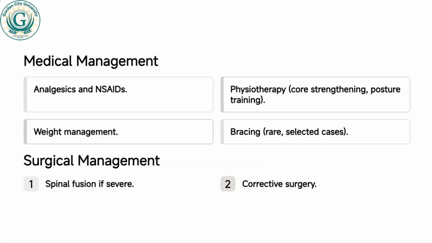We can also do physiotherapy just to strengthen or teach the person how to position, because remember, poor posture is one of the causes of lordosis. And then we can also use braces as well. And then surgical management, we can do spinal fusion if it is severe. And then we can also do corrective surgery just to correct the deformity or the lordosis.